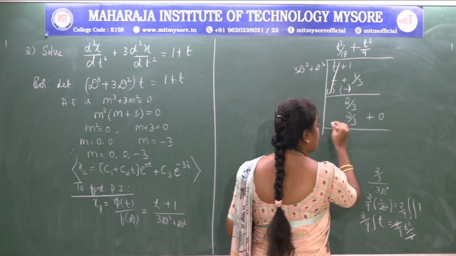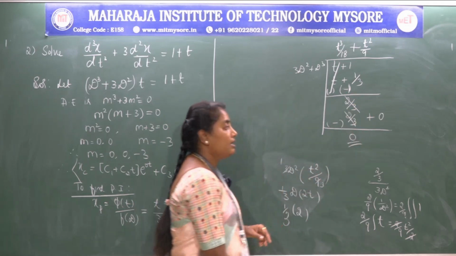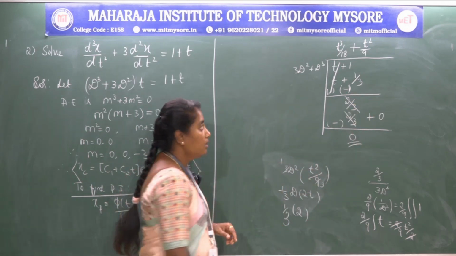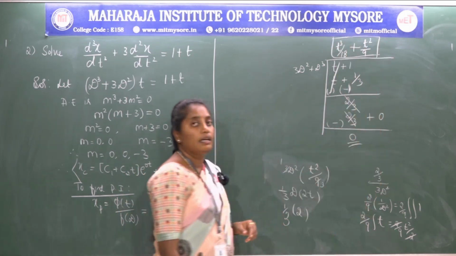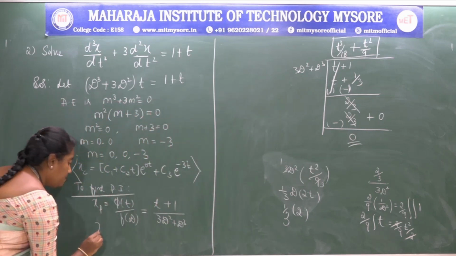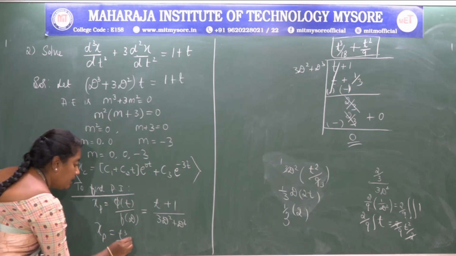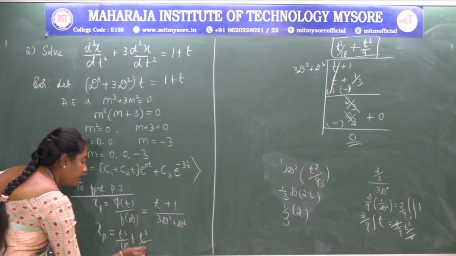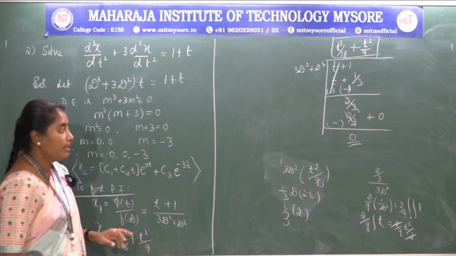On simplifying this, plus 2 by 3 minus 2 by 3 get cancelled and the remainder value is equal to 0. Hence, the particular integral value is the obtained quotient term, that is xp is equal to t cube divided by 18 plus t square divided by 9.